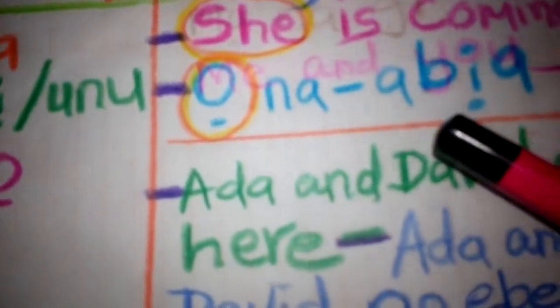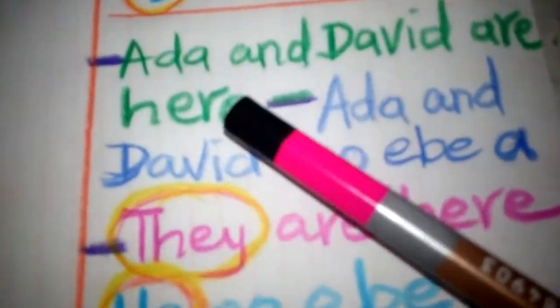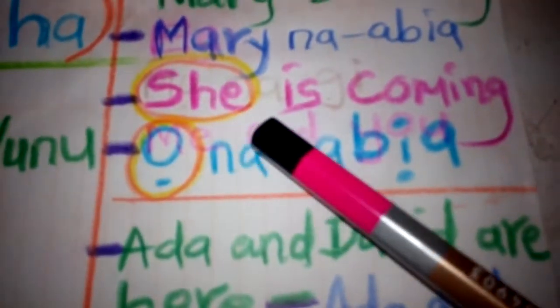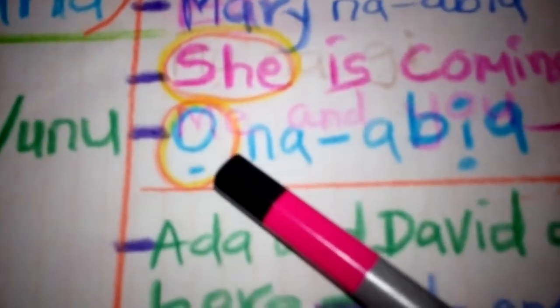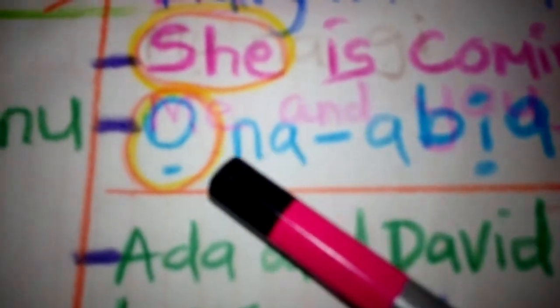So you go back to that video on vowel harmony so you can understand what I'm trying to say here. So here, she is a pronoun. Ọ na-abịa, ọ is a pronoun.